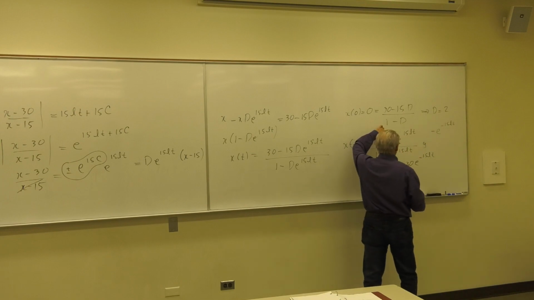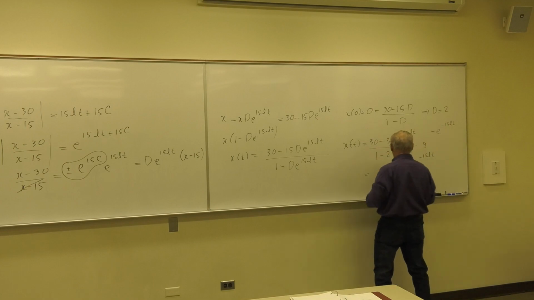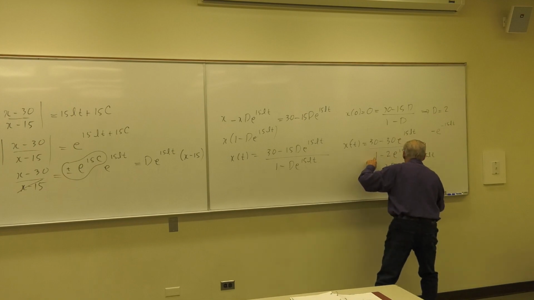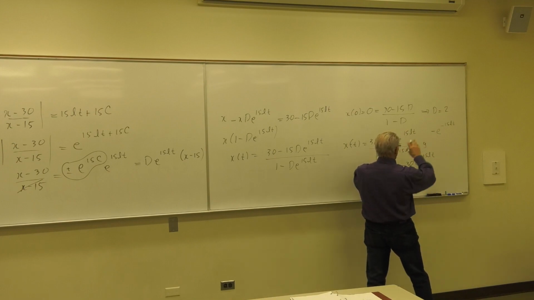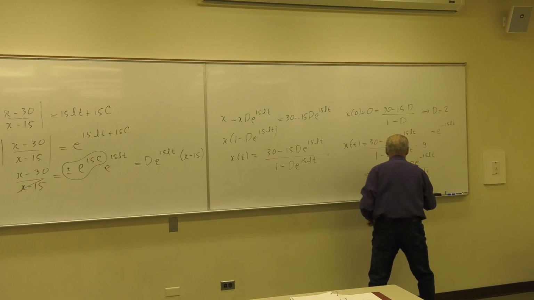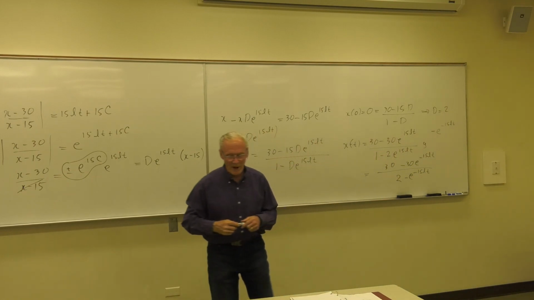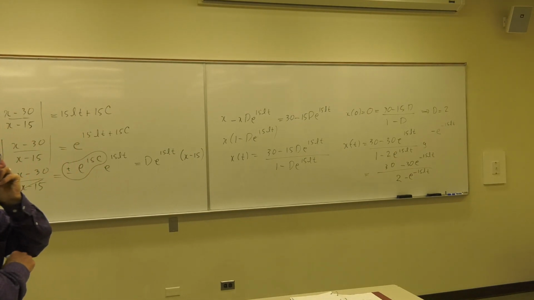This guy, that cancels that, and we get 30. On the bottom, this guy becomes minus e to the minus 15 lt. And this guy here becomes, I'm multiplying, the exponentials cancel, 2. That's just a rewrite, but it helps me discuss something in a second.